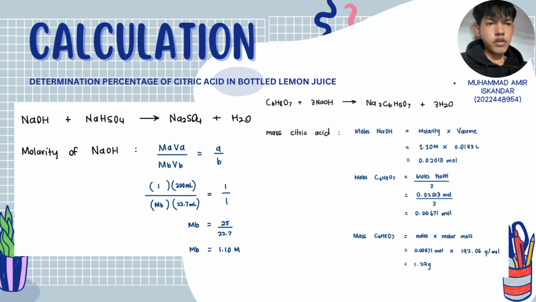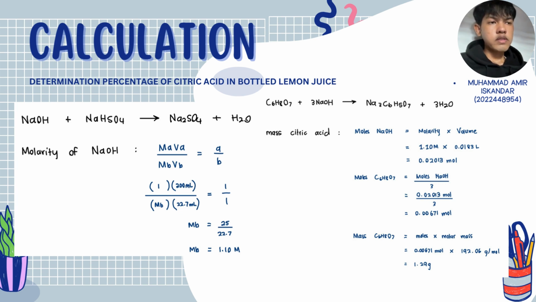After that, we can proceed to calculate the mass of citric acid, but first find the balanced equation between citric acid and NaOH. Firstly, with the molarity of NaOH, we need to find the moles of NaOH by multiplying the molarity with the average volume of NaOH from the bottled lemon juice titration. The moles of NaOH is 0.02013 mol.